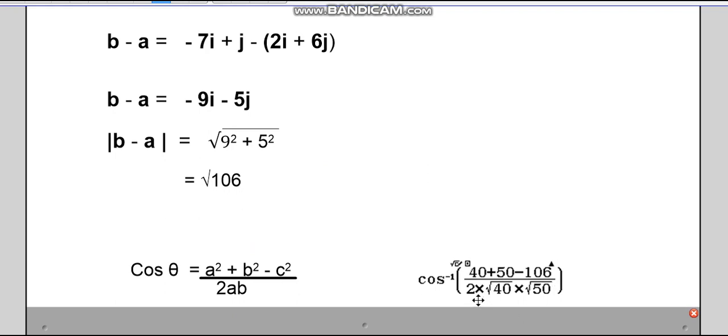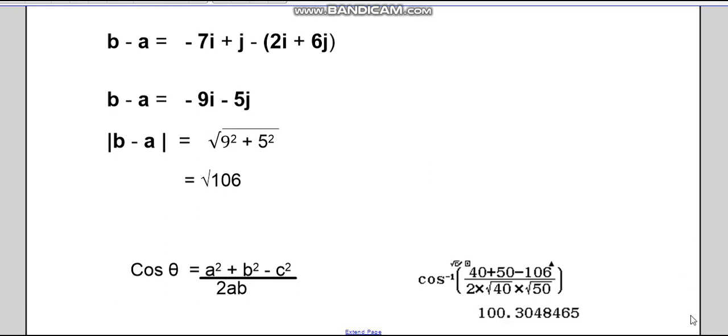And then at the bottom, I've got 2 times A times B, which is 2 root 40 times root 50. Okay, that's the formula from here, and then of course I'm inverse cosing to find the angle, which comes out as 100.3 degrees to 1 decimal place.